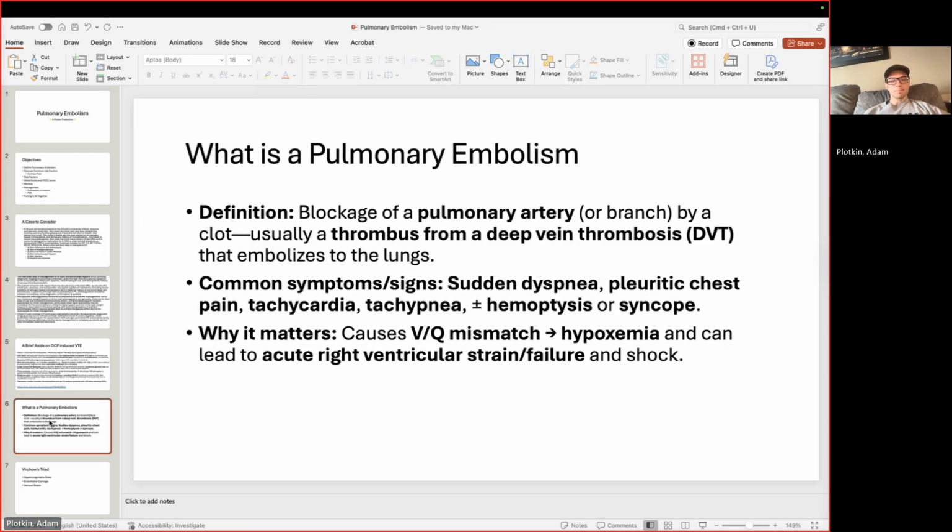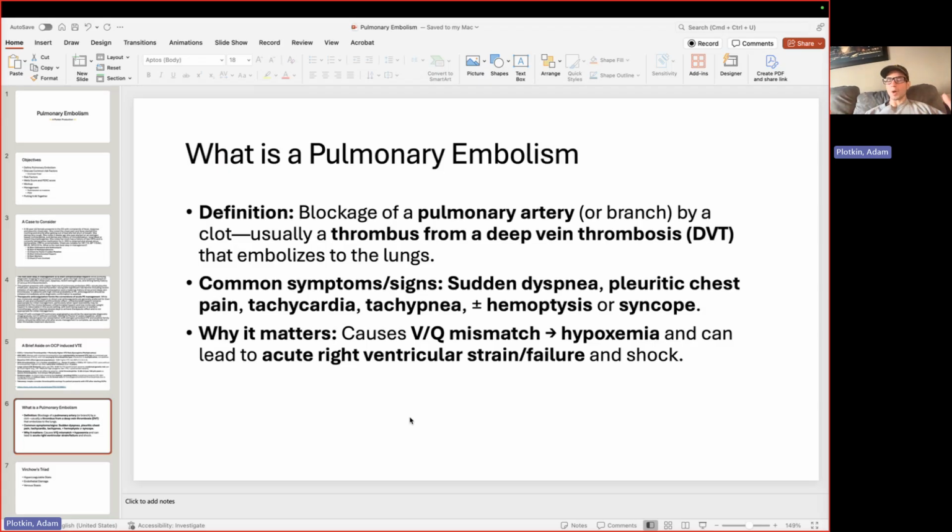So I want to think about what is a pulmonary embolism. Our definition is a blockage of a pulmonary artery or one of its branches by a clot, right? Where's that clot coming from? It's most likely coming from a deep vein thrombosis, the big veins in my lower limbs.